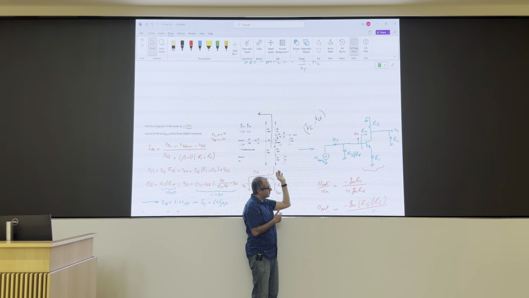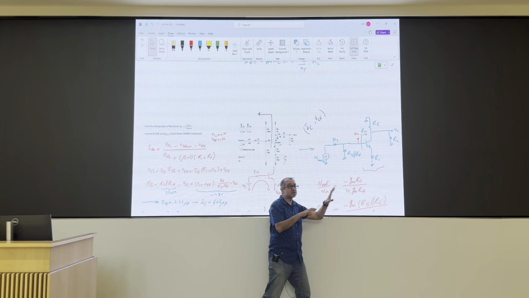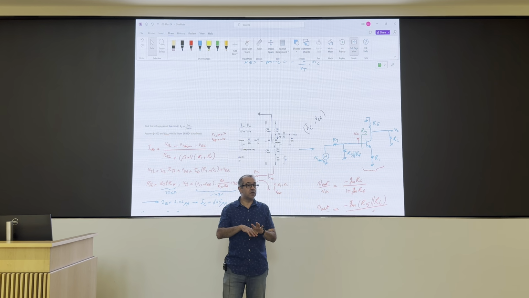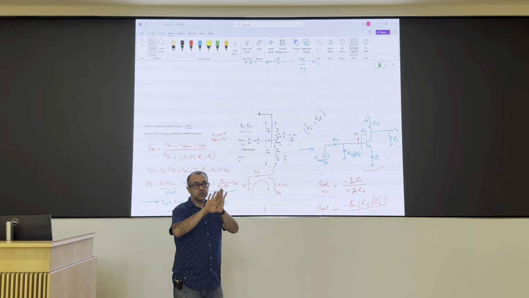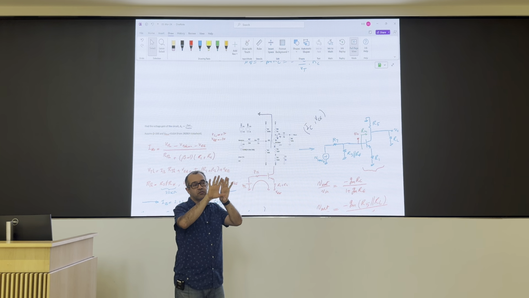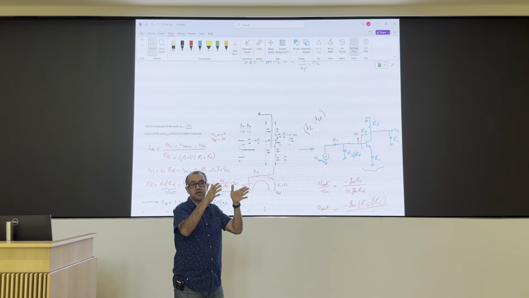Your gain will drop, because my gain is R5 in parallel with R1. So sometimes it's not that you want a lot of current for your load. It's just that you want to isolate your voltage amplifier from the load so that it doesn't see the load, so that it gives you a lot of gain.